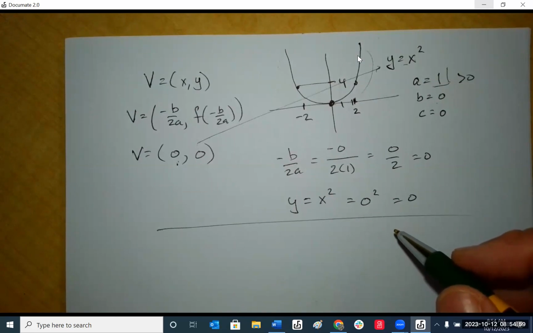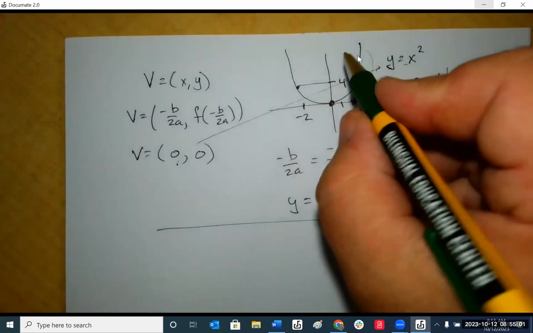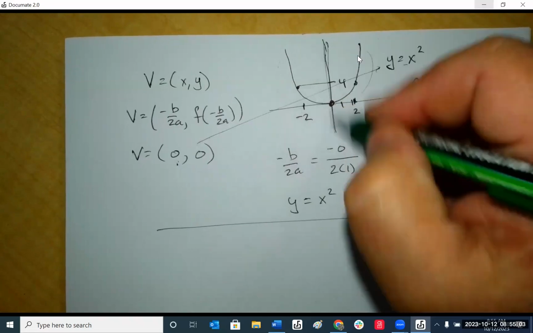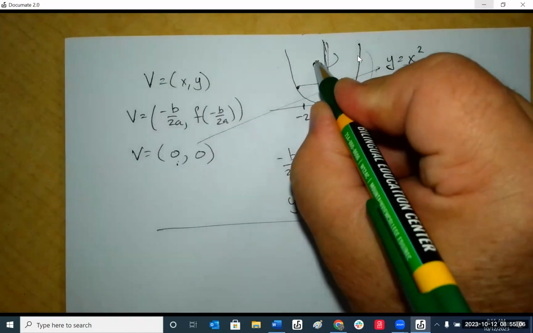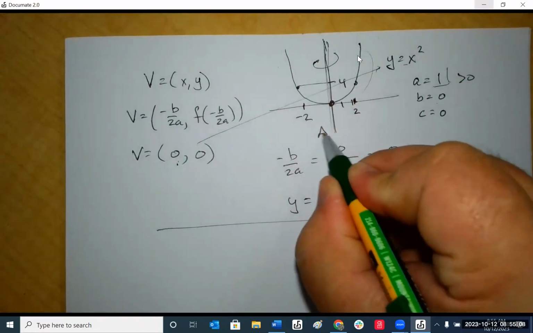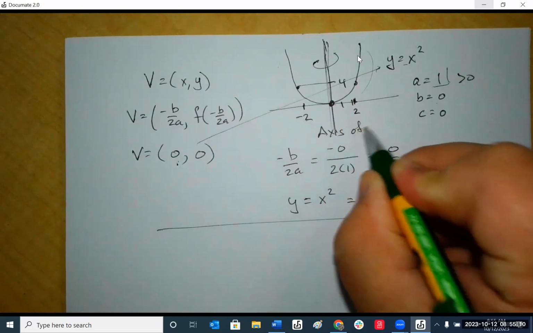That's symmetry. In other words, it's symmetric about this line here. That's called the axis of symmetry.